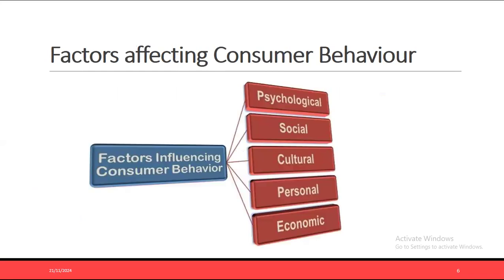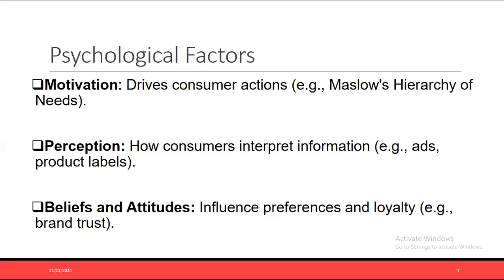Several factors affect the consumer's behavior when they want to make a purchase, and the factors can be psychological, social, cultural, personal, or economic. If we want to evaluate the factors, and we pick the psychological factors, they basically refer to how the consumer thinks.